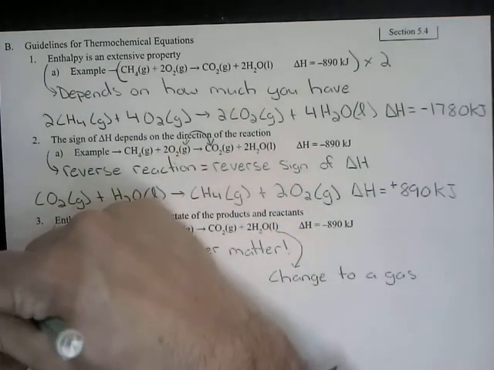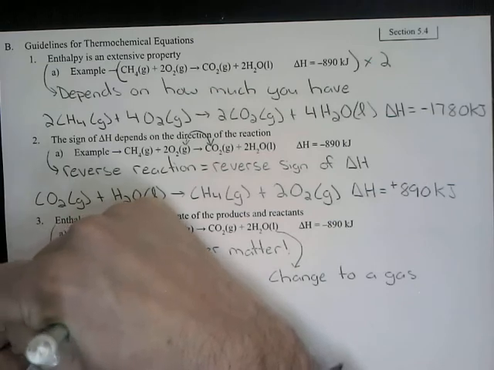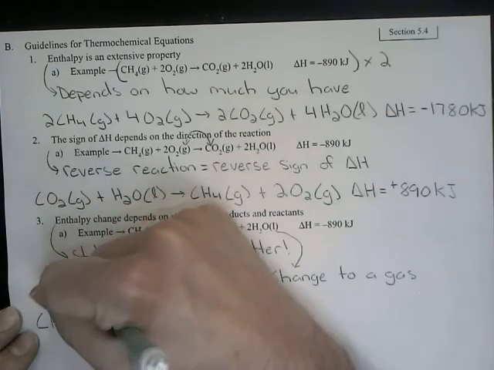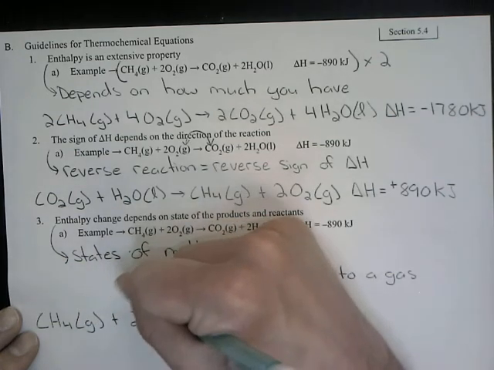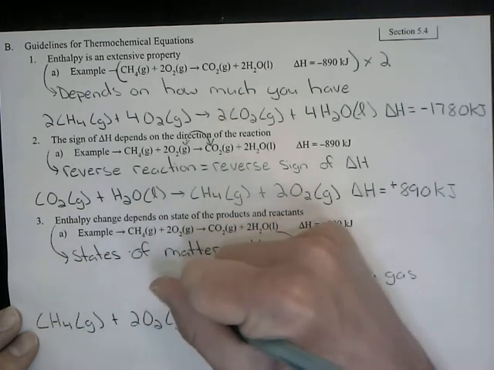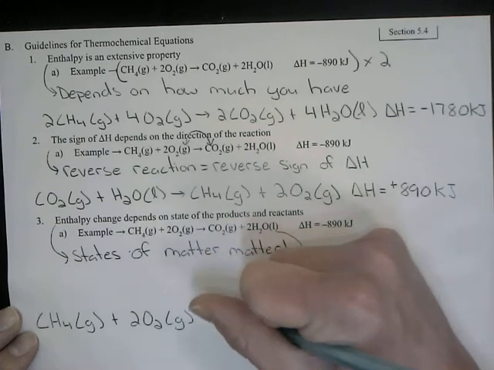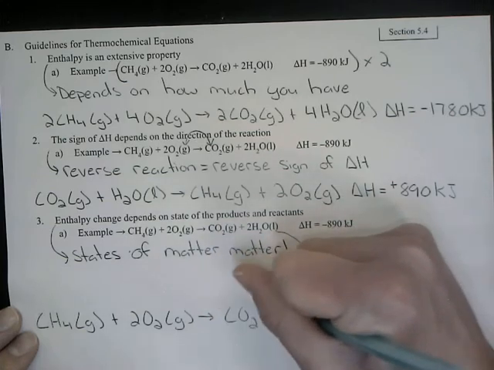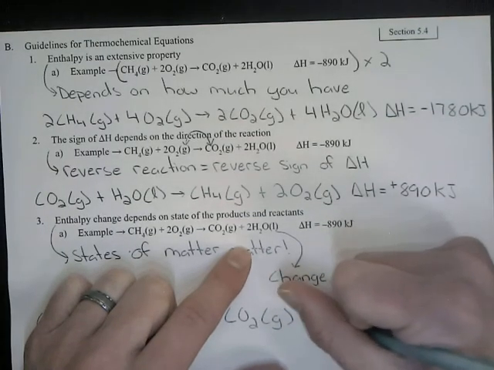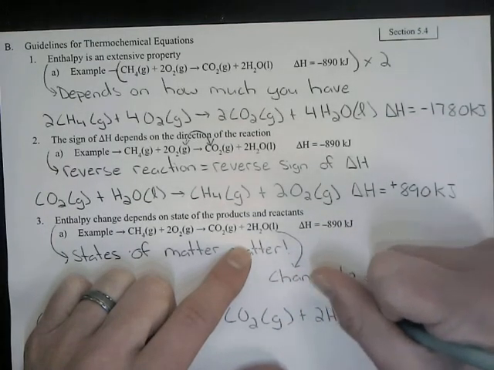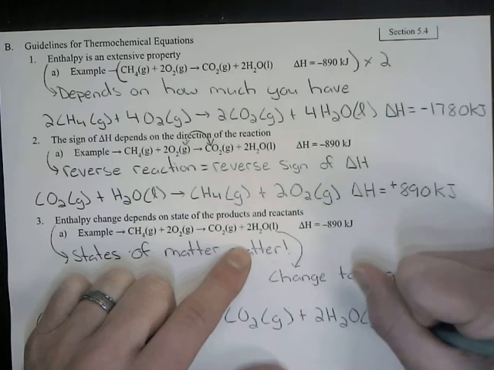So if we have CH4 as a gas plus 2O2 as a gas, it's going to yield CO2 as a gas. And instead of liquid water, let's say we have gaseous water, so 2H2O as a gas.